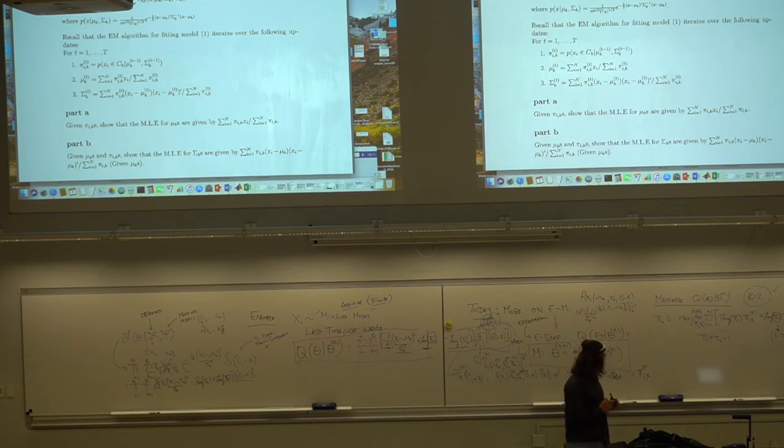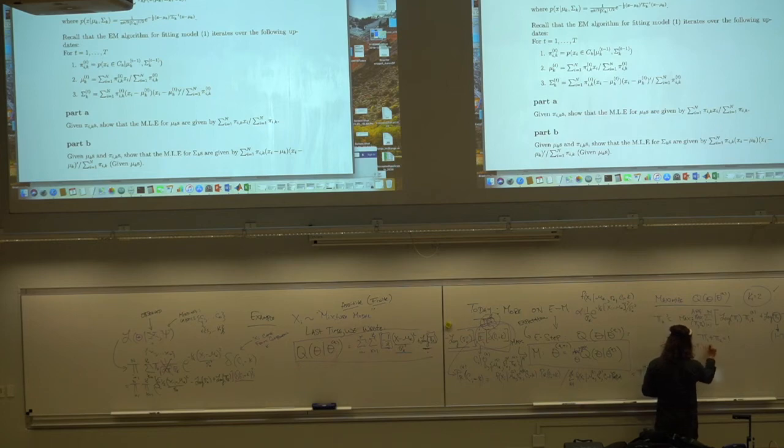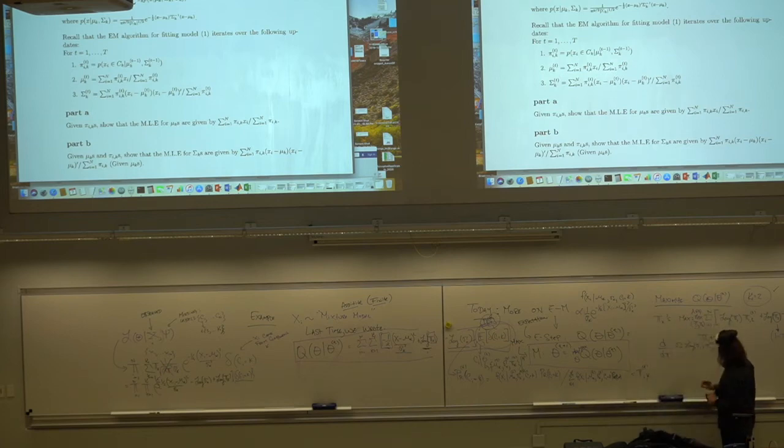So taking derivatives of this whole thing isn't too hard. What I'm going to do is take the derivative with respect to pi 1 of this equation right here: the sum over i from 1 to n of log pi 1 times pi I 1 t, plus log of 1 minus pi 1 times pi I 2 t.